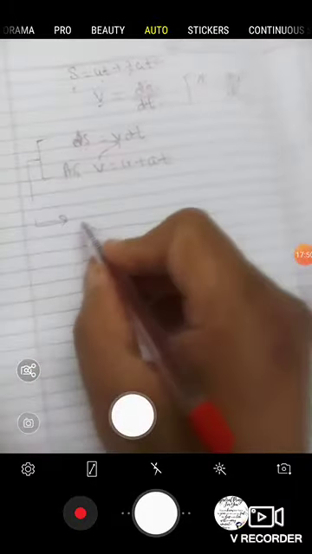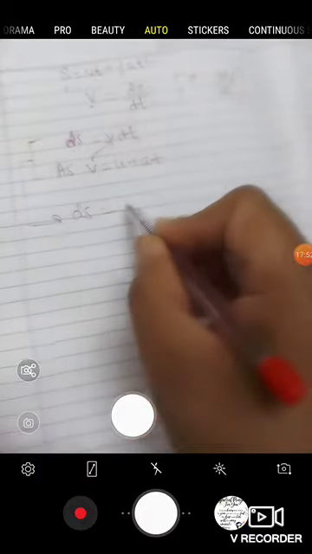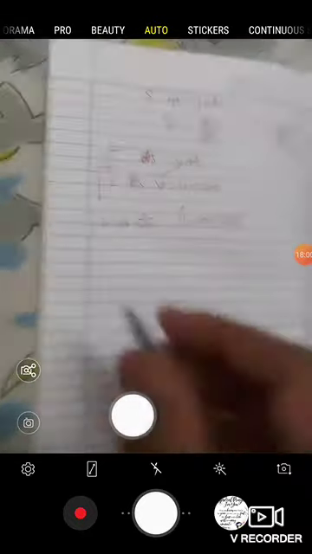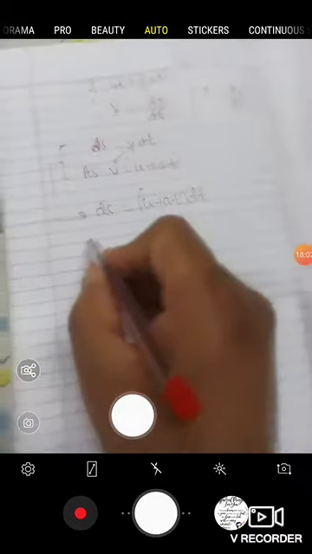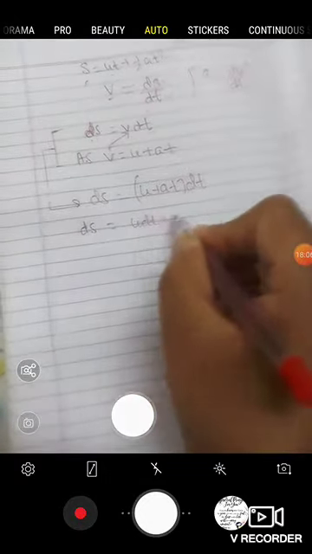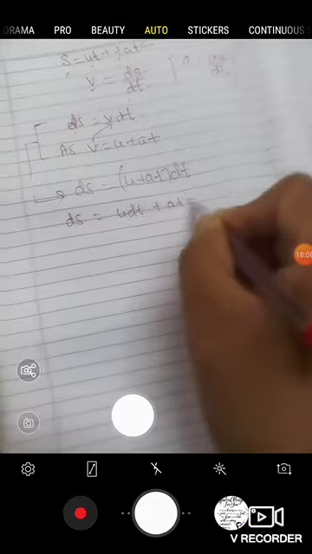So I will write ds is equal to (u plus at) dt. Now it will give ds is equal to u dt plus at dt.